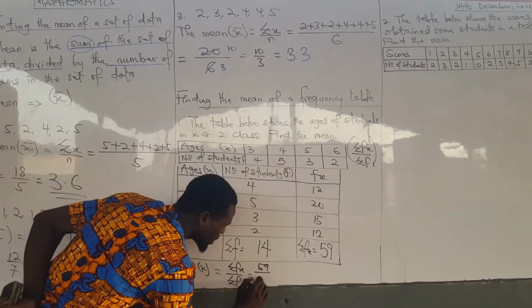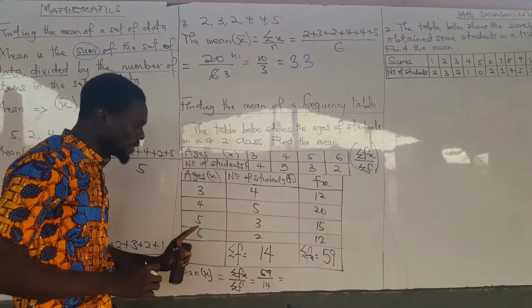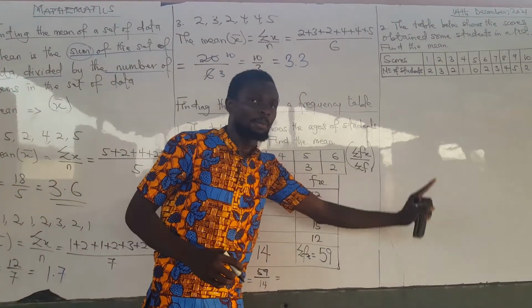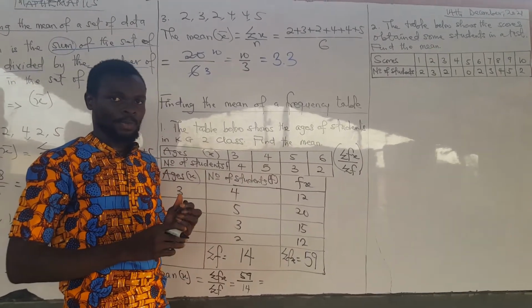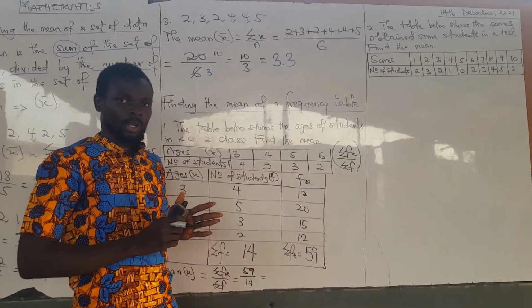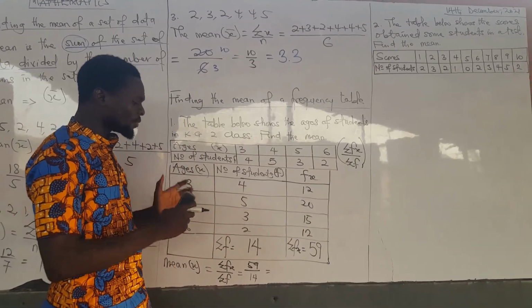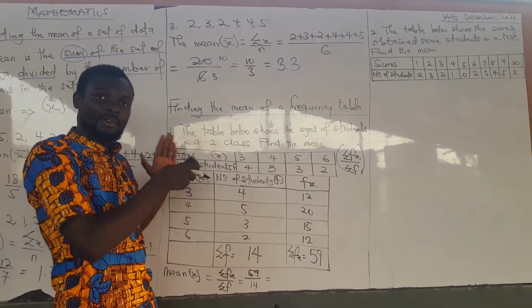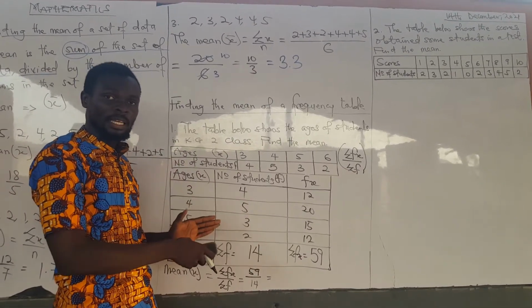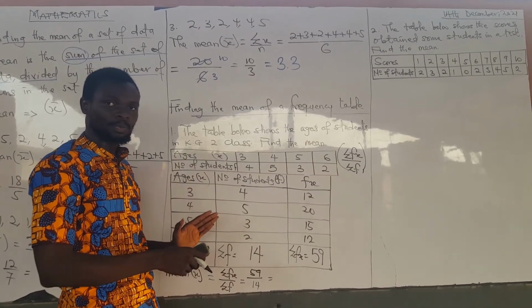Sigma f is what? 14. And this is equal to, we are going to use the long division approach to get our answer. So you can see clearly that using our frequency table, we've been able to arrive at the mean of the frequency table.